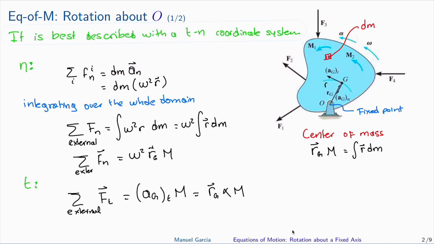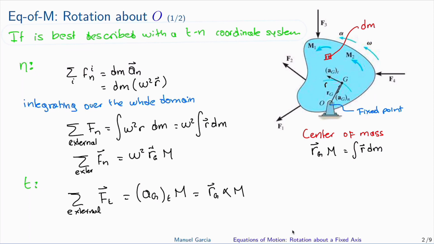Now, the best way for analyzing this type of system is to describe it with a t-n coordinate system, like a normal and tangential. So the normal forces will point from our point to the center, and it's general from a point. It doesn't have to be the center of mass, and the tangential are perpendicular to the normal.